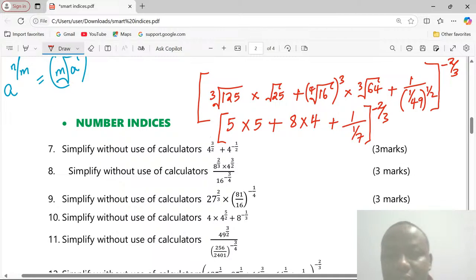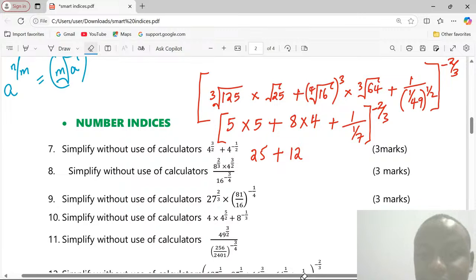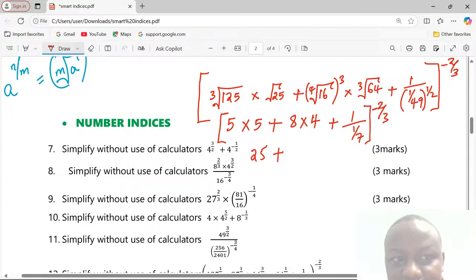We are still narrowing down. This is going to be 25, then we multiply, 32. So 5 by 5 is 25, and 8 by 4 is 32.